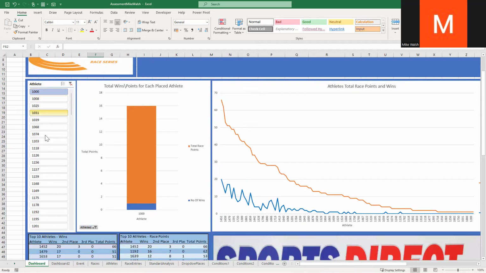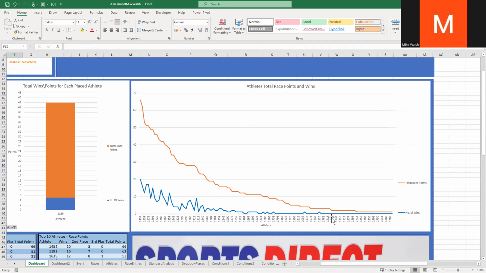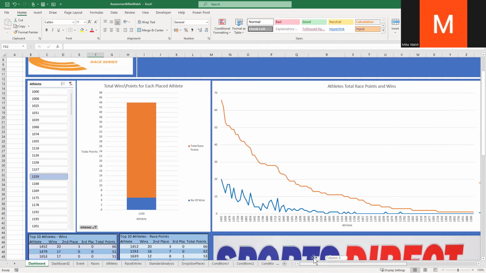We could search for each individual athlete, which gives us the results of our wins and points here. This graph highlights the concentration of wins and points, and shows how concentrated it is in the first few here.